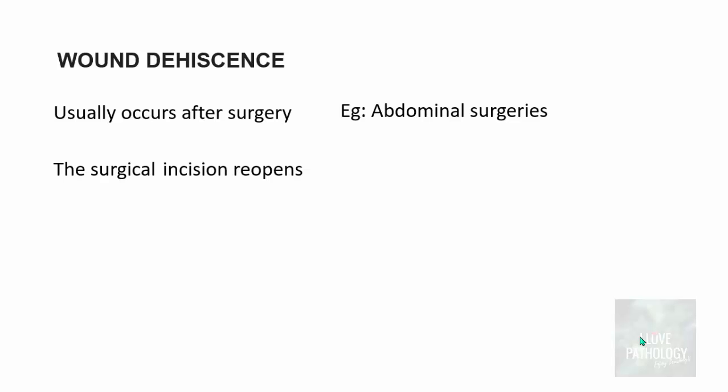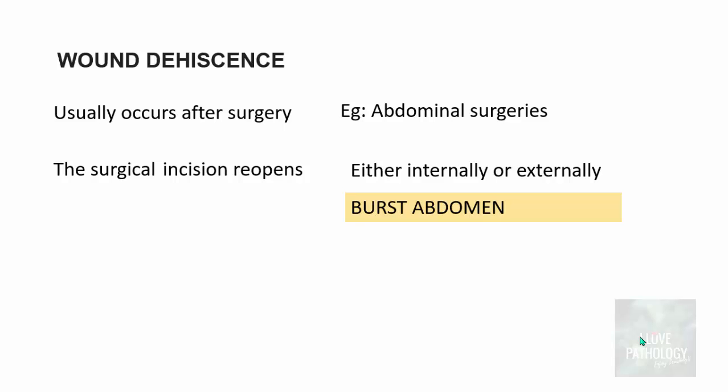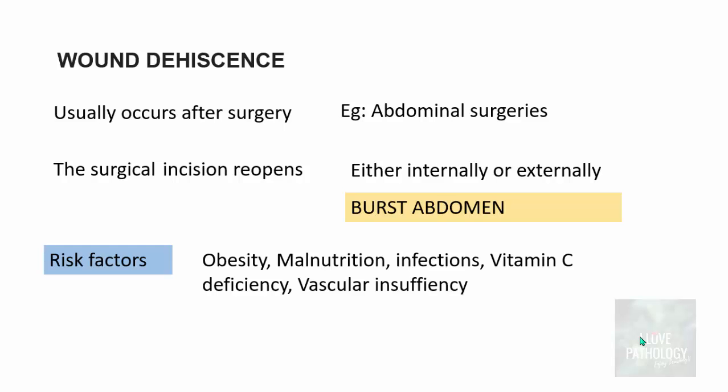Firstly, wound dehiscence. Wound dehiscence usually occurs after surgery, particularly abdominal surgeries, where the surgical incision reopens either internally or externally. We also refer to this as burst abdomen. What are the causes and risk factors for wound dehiscence? It could be obesity, malnutrition, infections at the surgical incision site, vitamin C deficiency where collagen is not laid properly, or even vascular insufficiency.